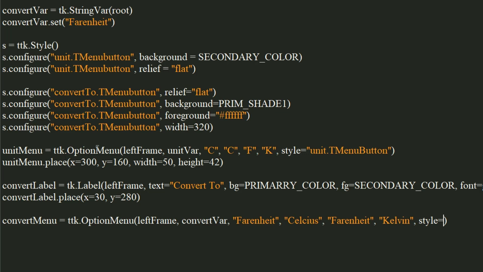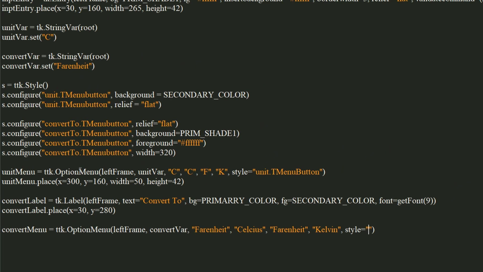Set its style to convertTo.TMenuButton. Place the menu at 30,320 coordinate. Set its width to 320, and height to 42.